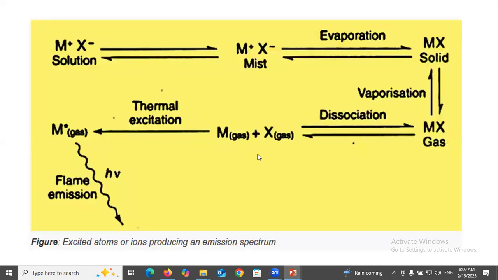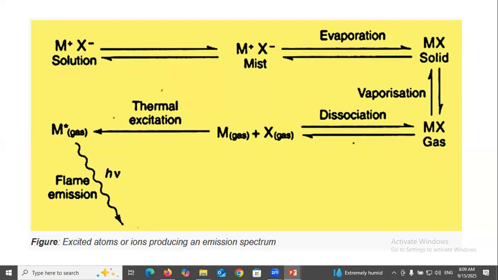Solution, mist, evaporation, vaporization, gas, dissociation, thermal excitation of the gas. In case of AAS, absorption, but in case of emission spectroscopy, thermal excitation.